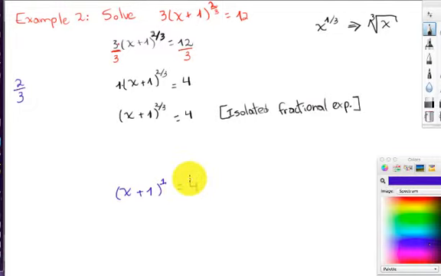So the question is, how do I turn that 2 over 3 into 1? And the answer is going to be found in Algebra 2. Because if there's something that we can do to this 2 over 3 to turn it into a 1, it is multiply it times its reciprocal.